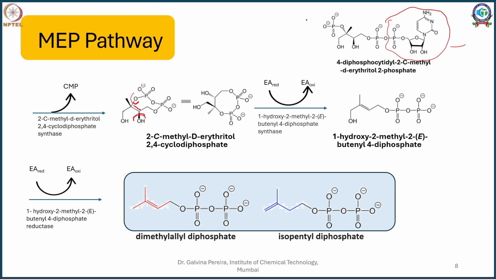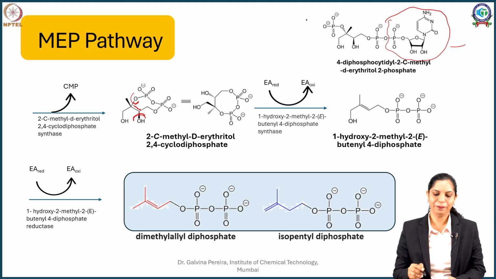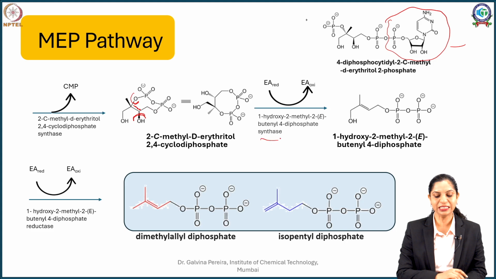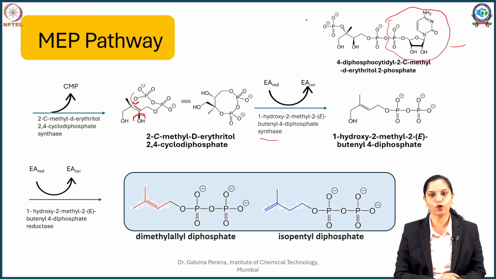So I have my CH2OH, I have my CH3 and a double bond, and now you can visualize your isoprene. This happens in the presence of an enzyme synthase, that is 1-hydroxy-2-methyl butenyl 4-diphosphate synthase. As a result you get the compound 1-hydroxy-2-methyl butenyl diphosphate, which is very close to isoprene but just has 1 hydroxy extra.